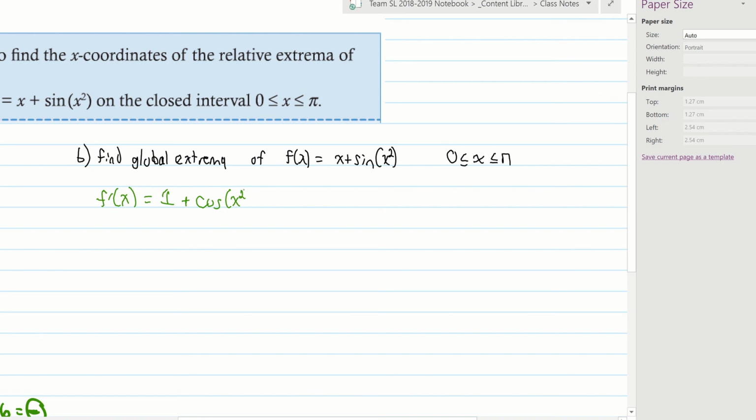Rewrite the x squared and now take the derivative of the inside, which is 2x. So our result is 1 plus 2x cosine of x squared. Now let's get the graph up for this function, set it equal to 0, and find our zeros using the graphing calculator.